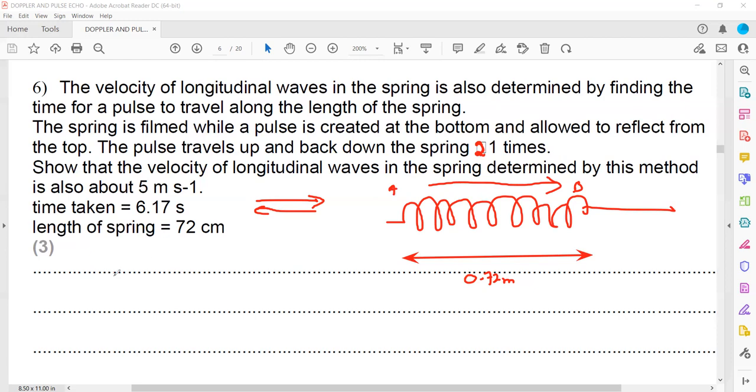So first we'll find the time for one vibration, or the time period. That time equals the total time, 6.17, divided by 21, because 6.17 is for 21 times but we need it for one. So 6.17 divided by 21 equals 0.29. So 0.29 seconds is the time it takes to travel back and forth.